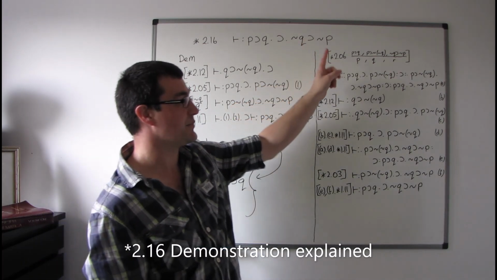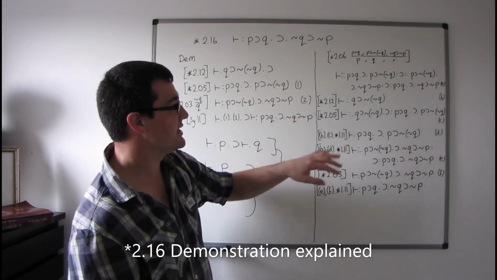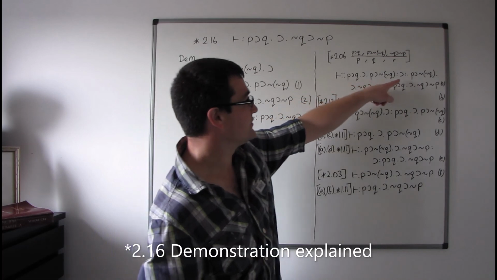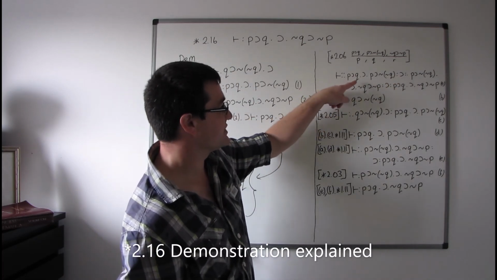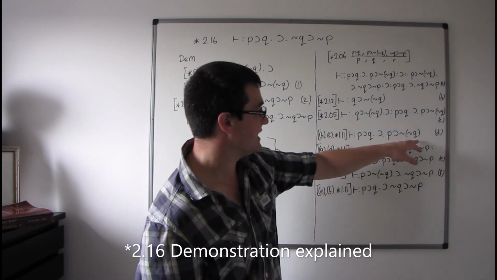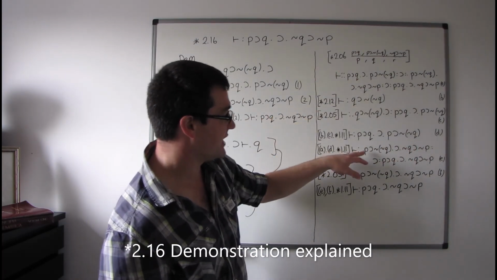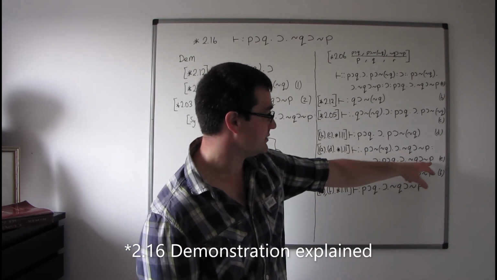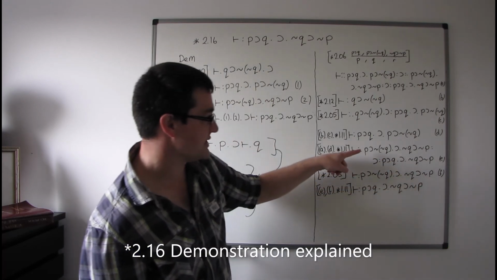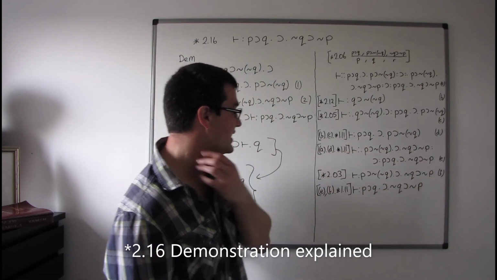2.06 is introduced as a premise now, not being used as a rule of inference, it's being introduced as a premise, and I've been able to drop the hypothesis of 2.06, which is P implies Q implies P implies not Q, because that was asserted here in line D. So I can drop that and I get this line here, of which this is the hypothesis of this assertion here.